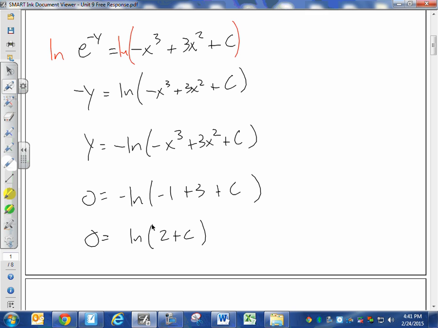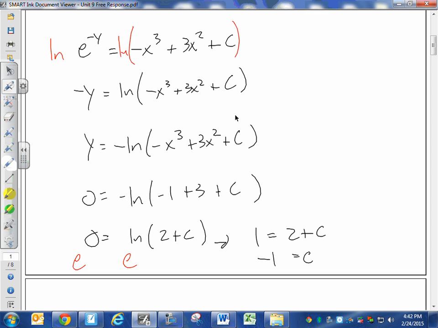Now I need to think about how to solve this. You can either know that the log of 1 is 0, or if you don't know how to solve this, you can take e to the power of both sides to give you e to the 0, which is 1, is equal to e to the log of 2 plus c, which is just 2 plus c. That shows you that the log of 1 is 0, so c has to be negative 1.